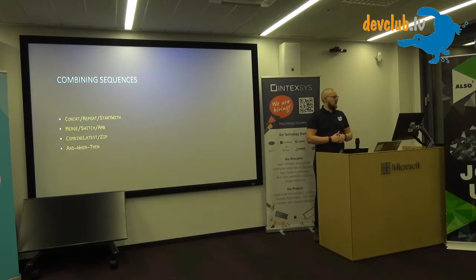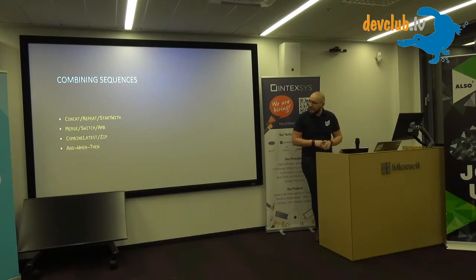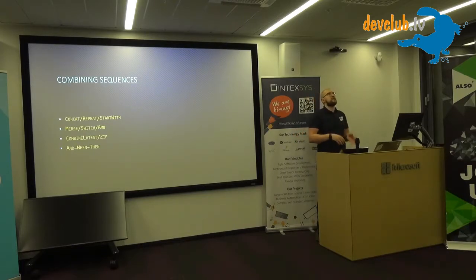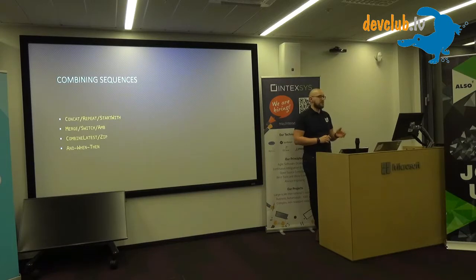Switch switches to the sequence which emitted an event last and then continues on that, ignoring the previous one. And amb is somewhat the opposite, because you pass several sequences to it and it actually yields the results of the one which has the first result coming in.